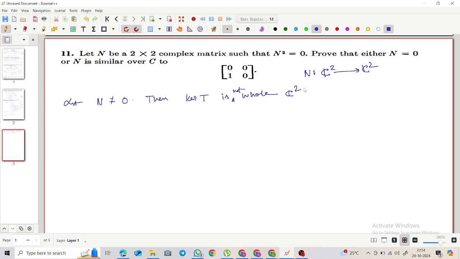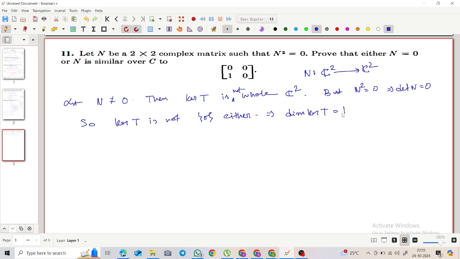Because if it is whole C square, then N is the 0 matrix. But N square is 0. This implies determinant N is 0. So the kernel is not 0 either.